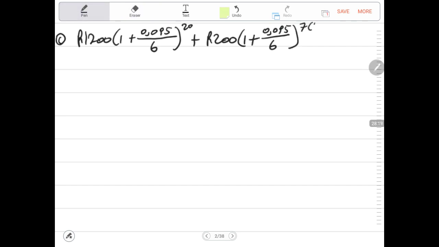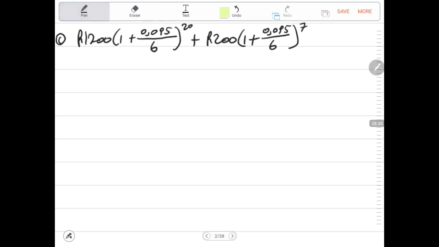I think you understand where the 7 comes from: 14 divided by 2, and you know where that 14 comes from. It is 40 minus 26. It gave us 14. So the 2,000 will earn interest for a period of 14 months, which means the interest will be compounded 7 times.